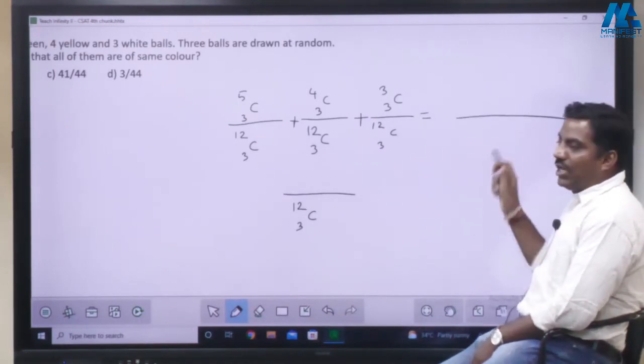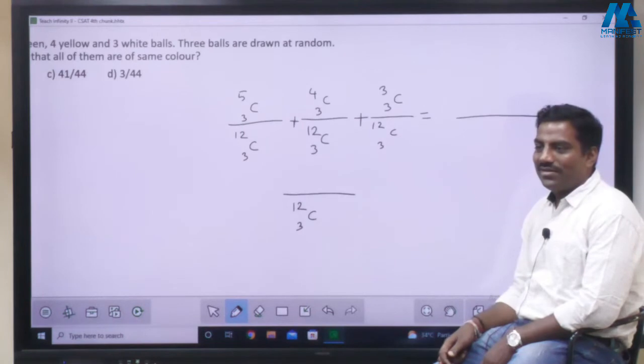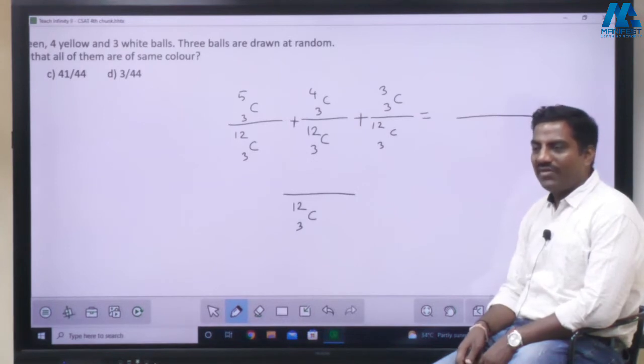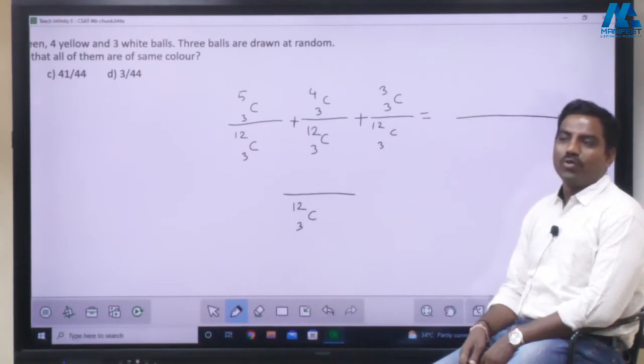So that is why I will not write that one. Here also in 12C3, you will get what? 12 into 11 into 10 divided by 3 into 2 into 1. I will not use that 3 into 2 into 1 at all.